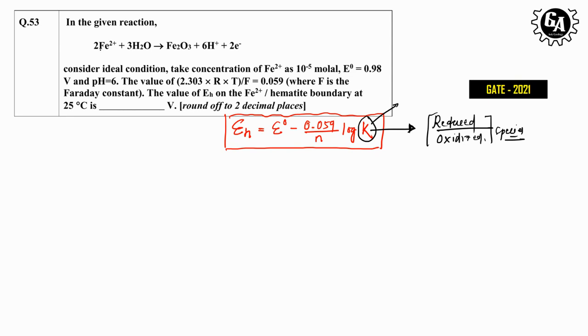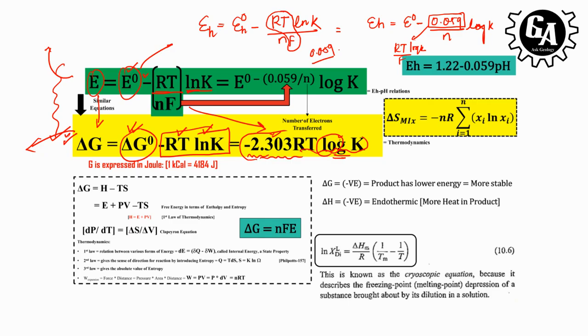So in this equation, with 2Fe plus 2 and 3H2O, which one is reduced and which one is oxidized? We have to find out, then only we will be able to put the value for K. And what is N? N is the number of electrons transferred.